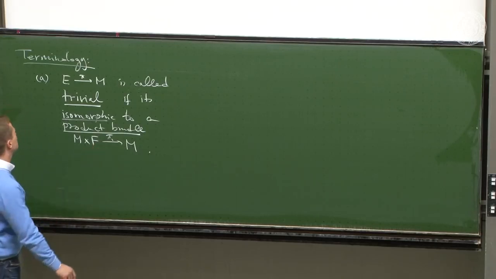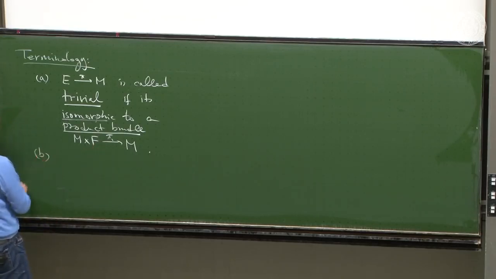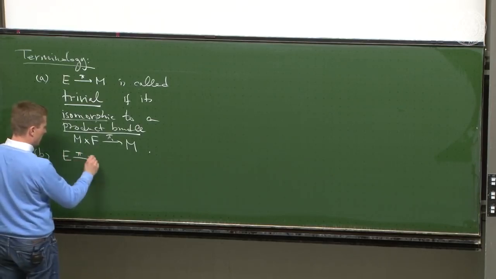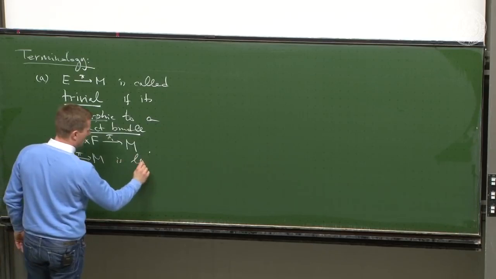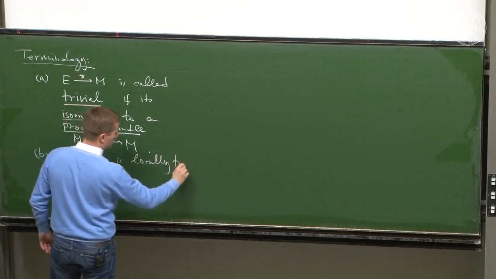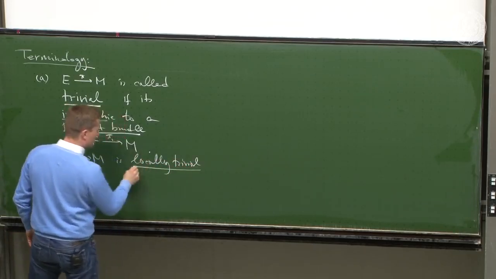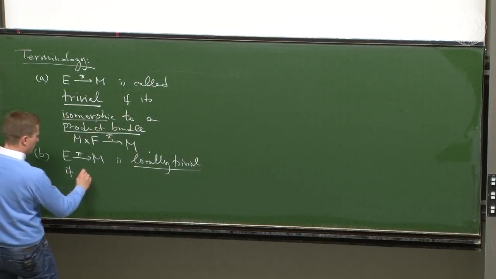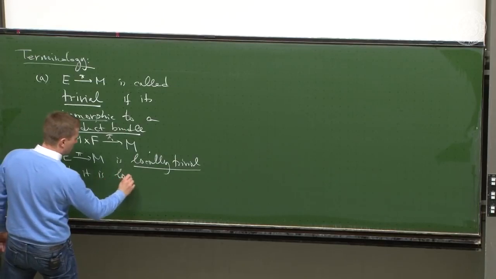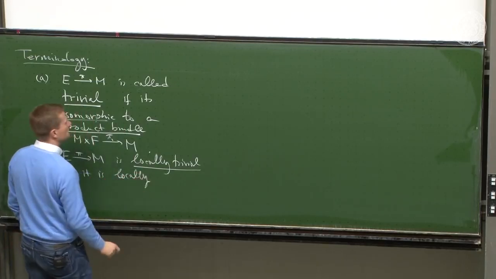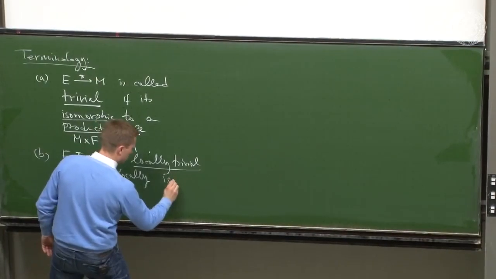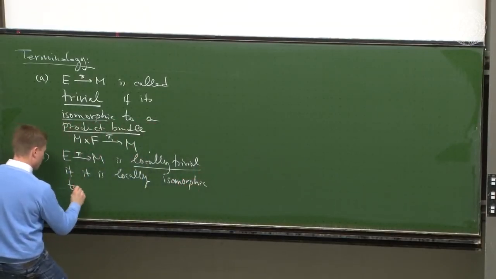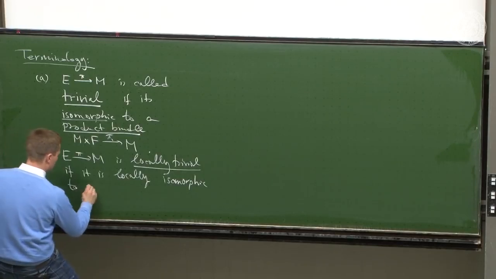Okay, so that's this. But then there's the notion of a bundle being locally trivial. So a bundle E, pi, M is locally trivial, and that's a different beast. It's locally trivial if it is locally isomorphic to some product bundle.